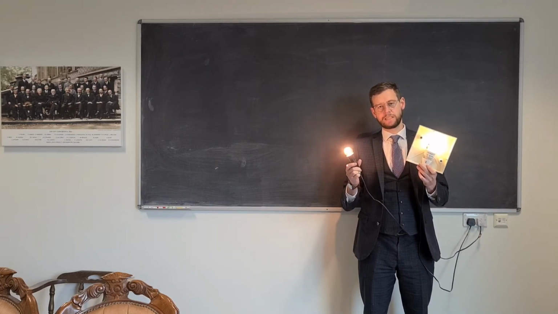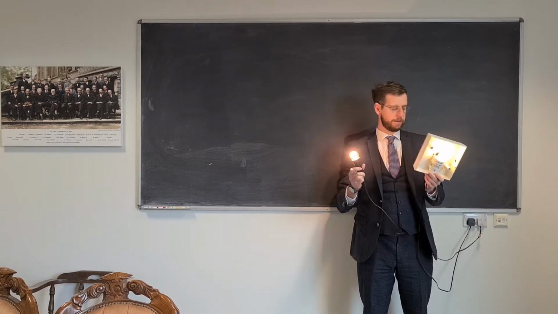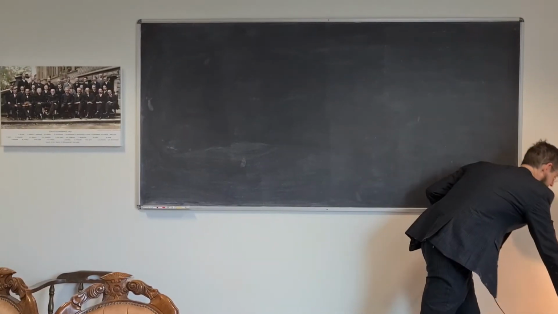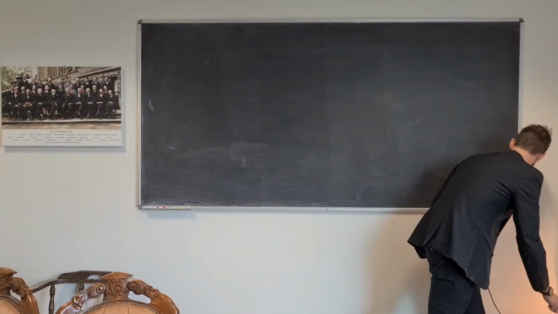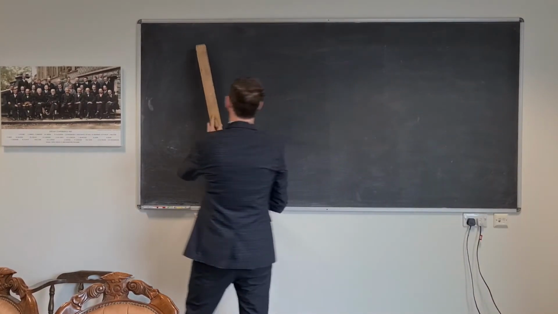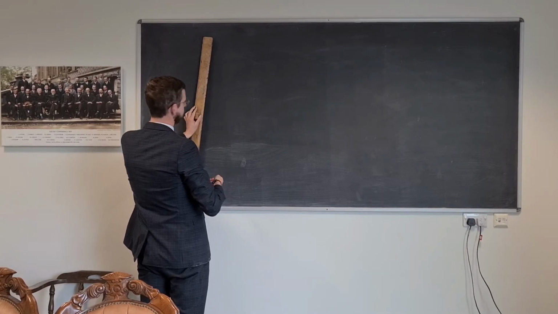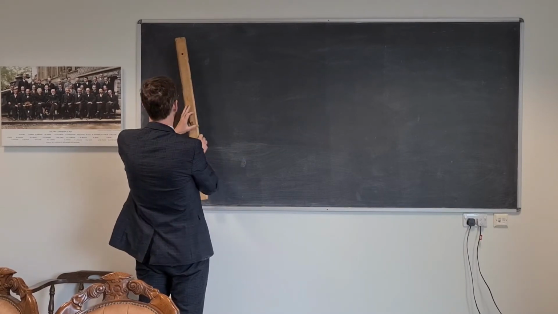Now, I'm going to draw a Sankey diagram with both of these to scale, and I want to show you how they look. So first of all, I want to draw the Sankey diagram of the incandescent light bulb.